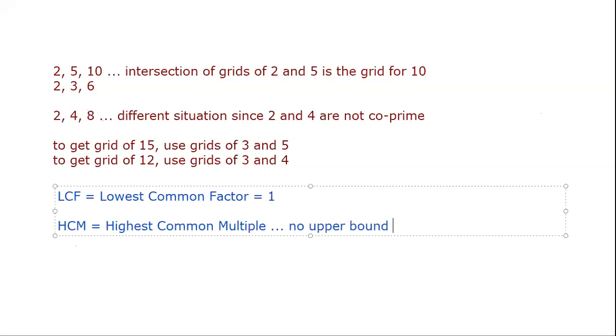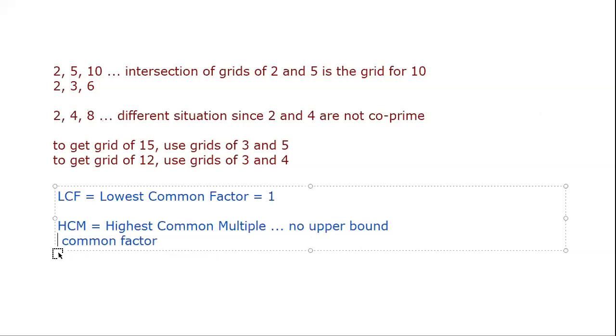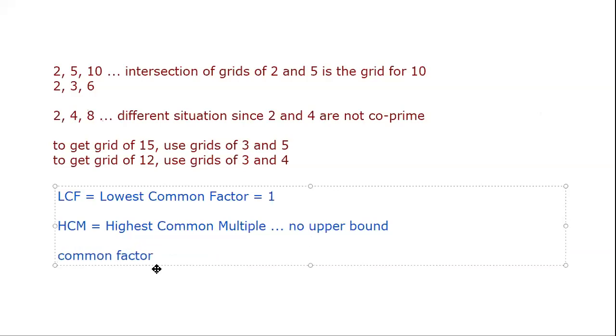Now, a few things that need to be mentioned. When you have factors, the common factors are all less than the HCF.